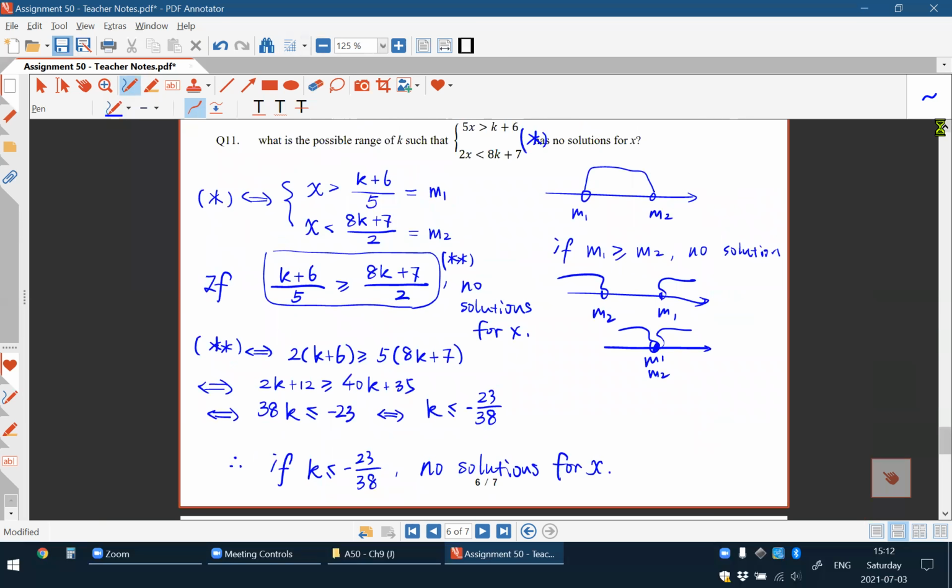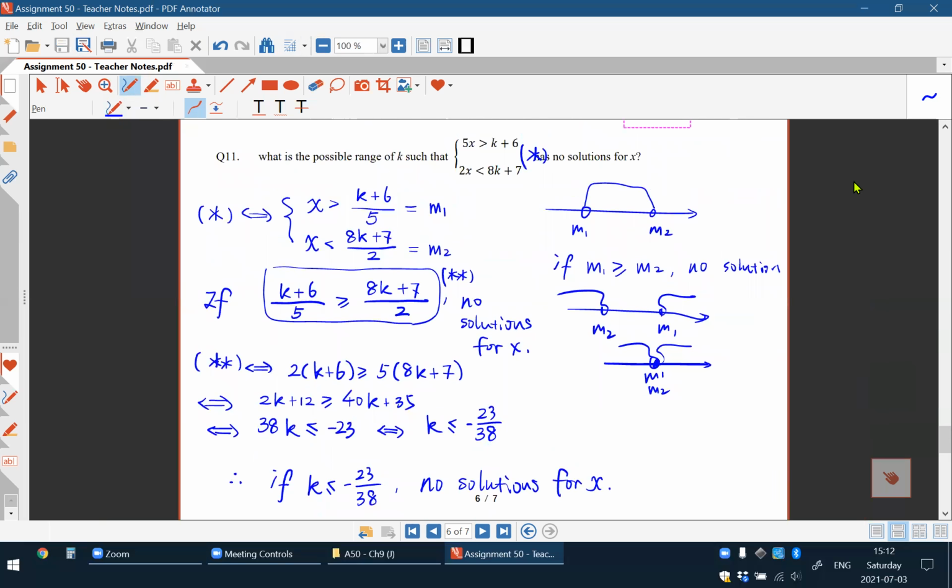Have a look at this. Do you have any questions to ask? Any questions? Okay, so here, this is actually the reasoning process.